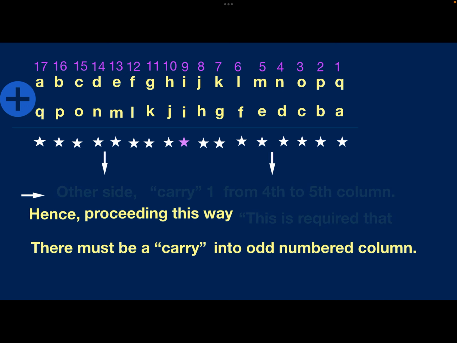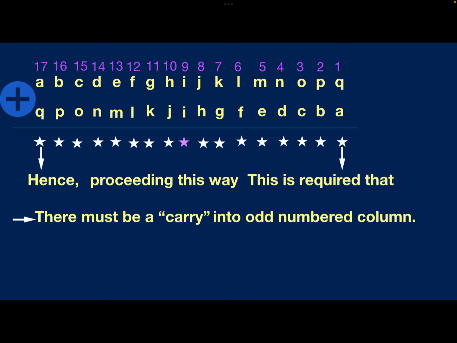And if we come to the 16th column and the 17th column, there is a carry from the 16th column to the 17th column, because from an even numbered column to an odd numbered column there must be a carry. What will happen here?